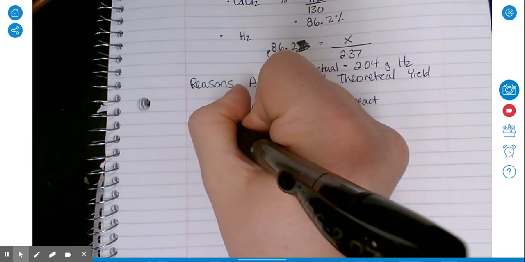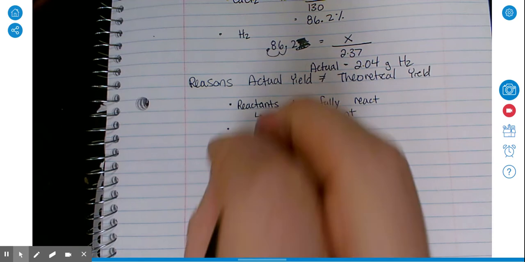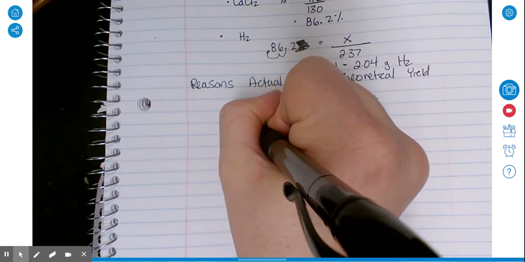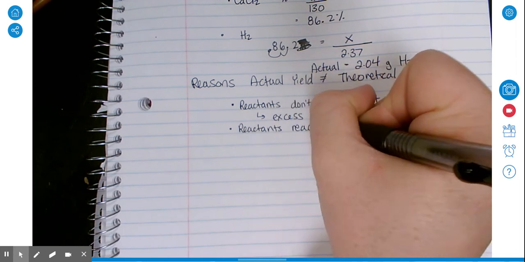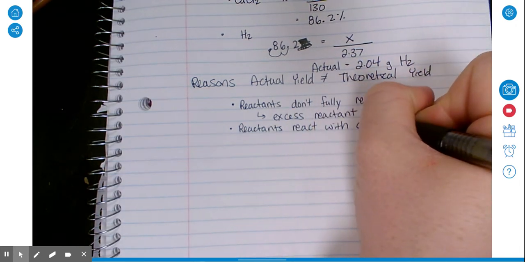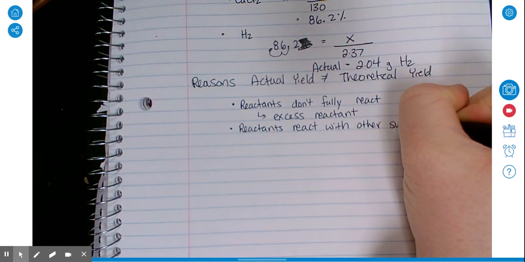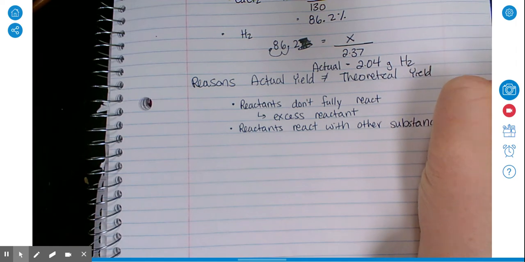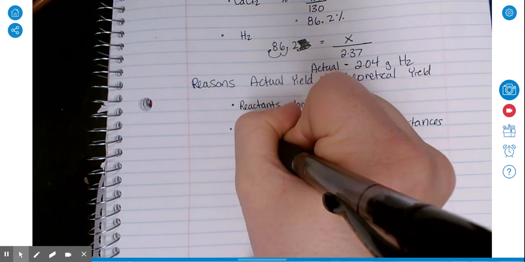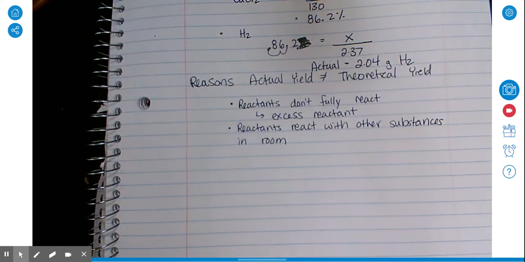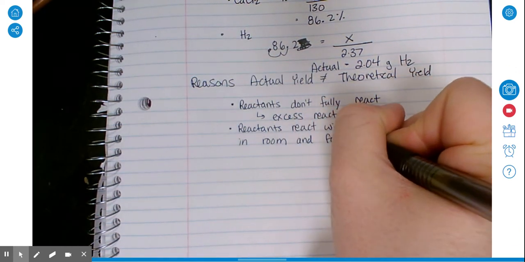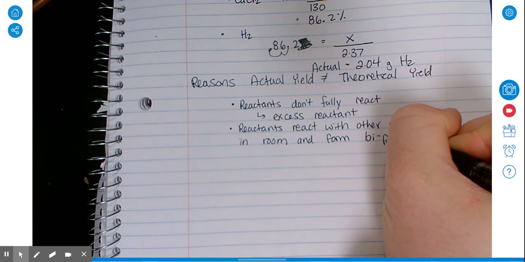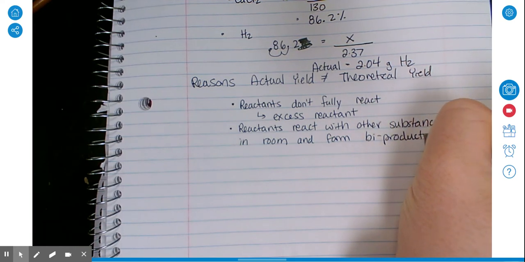You also could have different side reactions. So the reactants could react with other chemical substances in the room and form byproducts or secondary products.